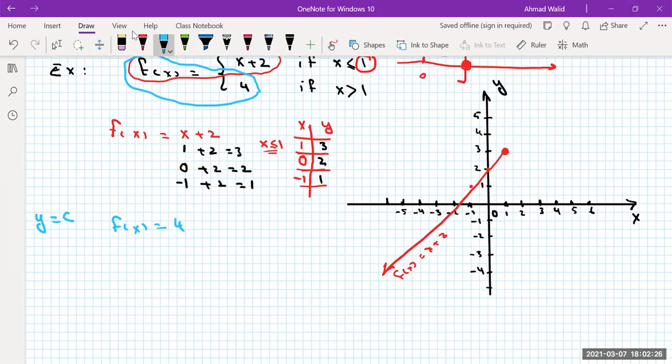Just draw a horizontal line, but please focus on the restriction. X greater than 1 means your line will start from 1 and 4, correct? I'll draw an open circle here, and for greater than 1, I'll draw a horizontal line this way. Here you go. You graphed your piecewise defined function, correct?